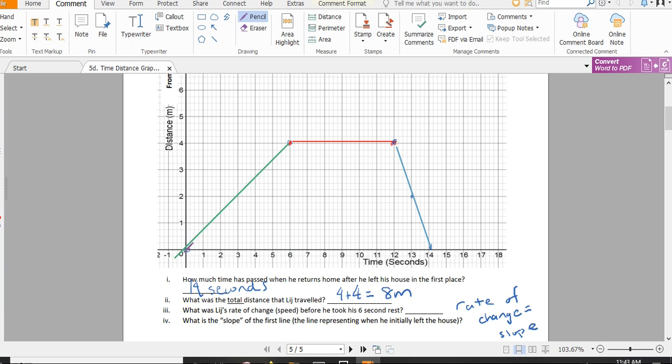We traveled 4 meters in 6 seconds. You can say 4 meters in 6 seconds. I would prefer if you simplify this, but that's for another day. For now, I'm okay if you just leave it at 4 meters per 6 seconds.